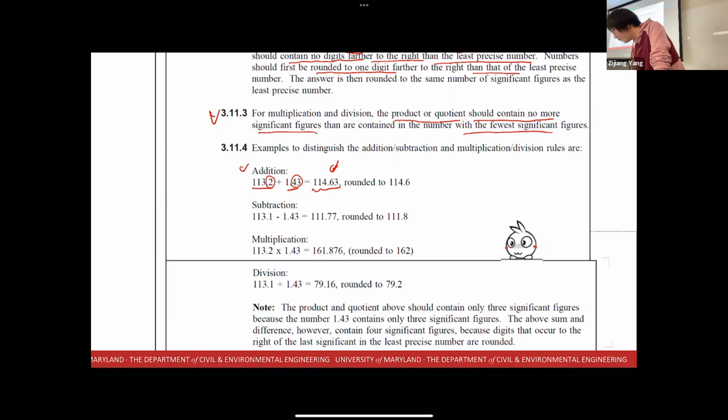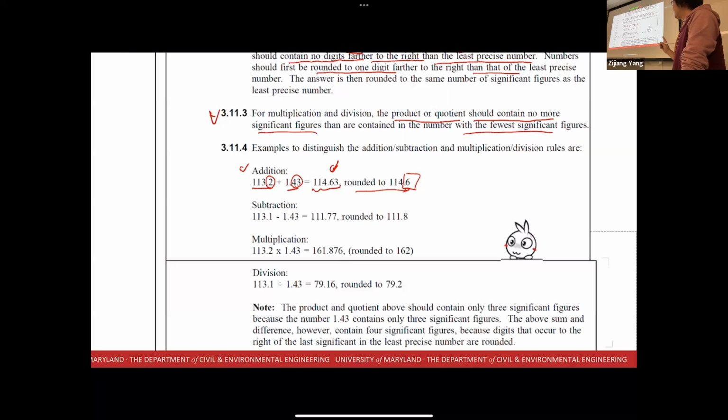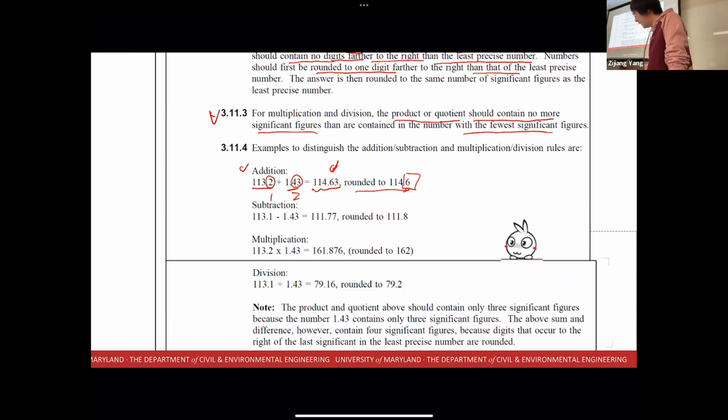So when we are reporting the result, the sum can only have 1 digit after the decimal point, because one has 1 and the other has 2, so we take the minimum. So we don't care about this part, but we are caring about the digits after the decimal point.